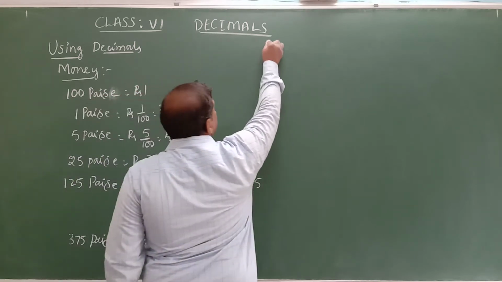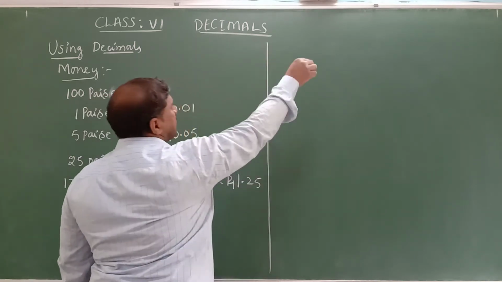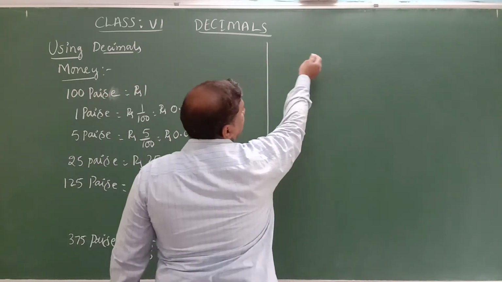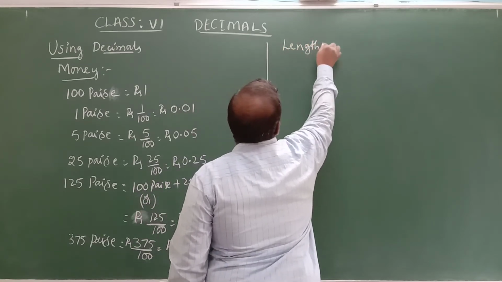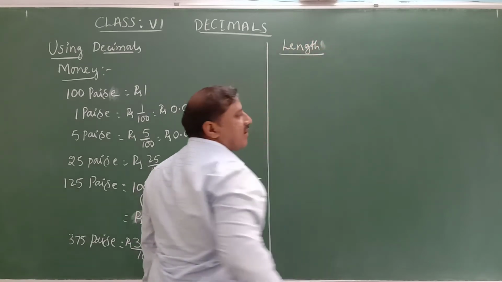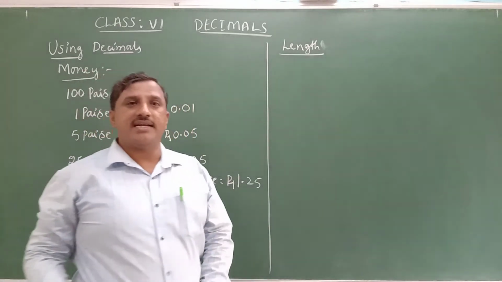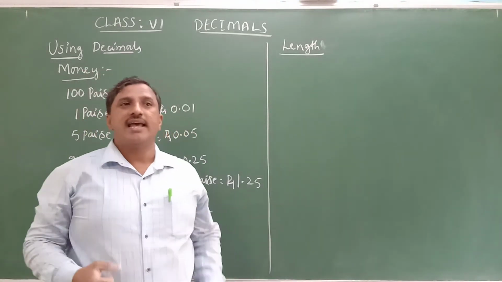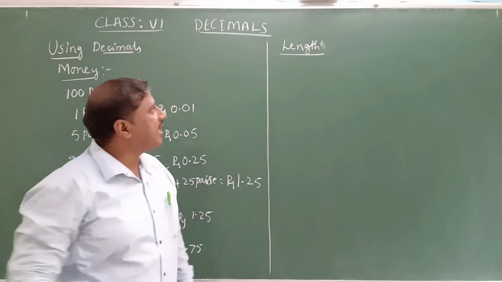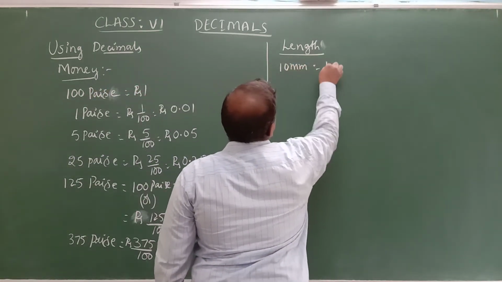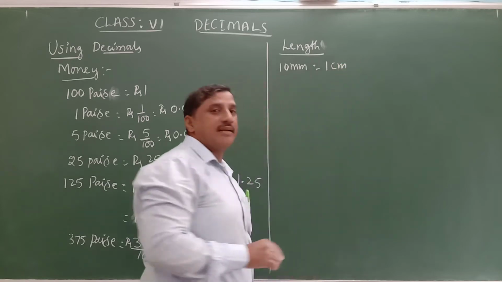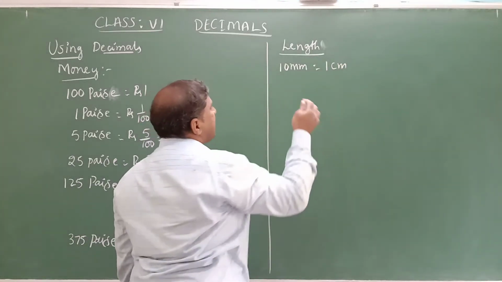Similarly we use it in weights and even in lengths. In length we have the units of length. What are the units we have? Millimeter, centimeter, meter, kilometers, etc. Here 10 millimeters is equal to 1 centimeter.